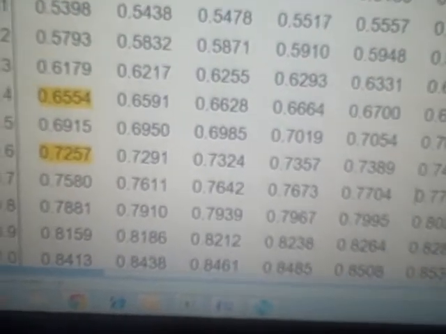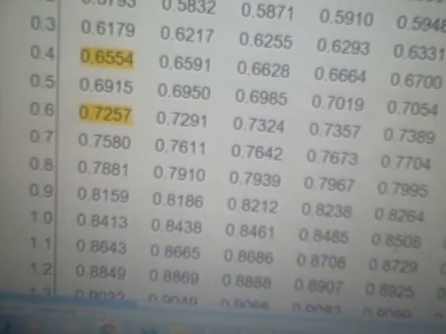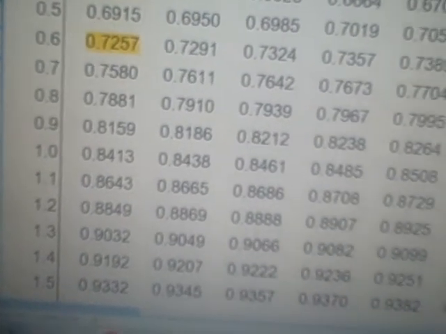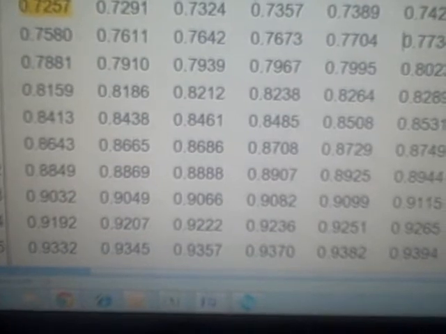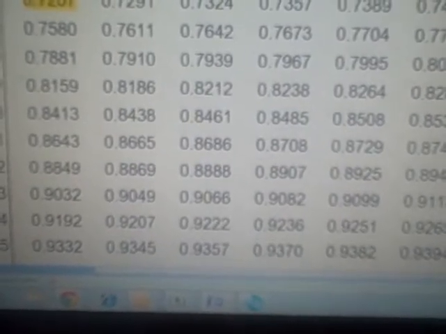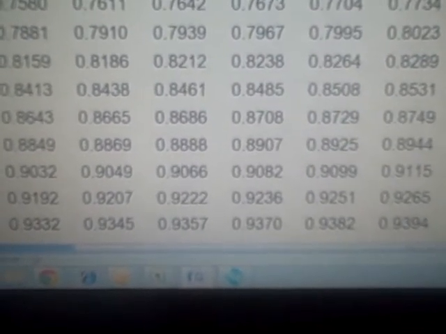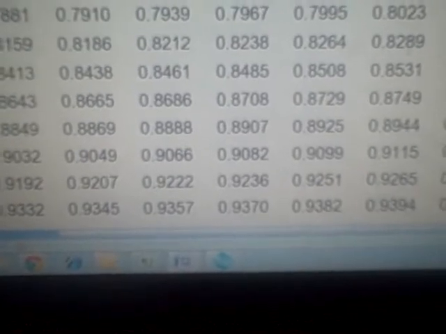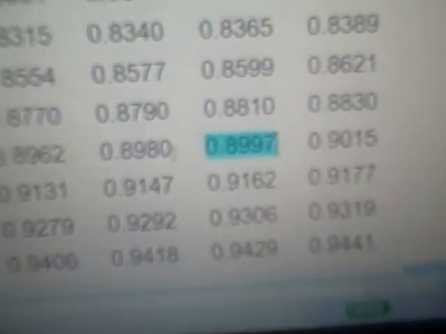So the way we do that is we look up in our Z table, and here's the standard Z table, and I'm looking for 90%. There's no 90% exactly, but the closest to 90% is 0.8997.